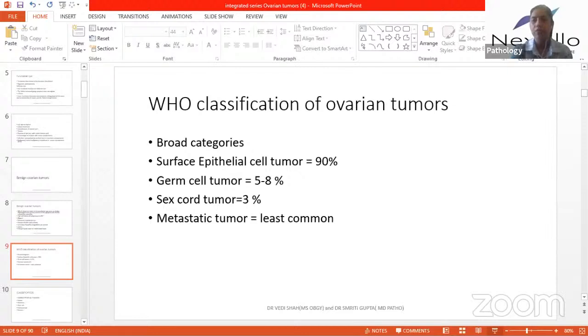You just have to break down the words to understand what these tumors are, and then you'll be able to identify the histopathology or the microscopy of it. Now, if there is a malignant component along with the cystic component, instead of cystadenoma, these will be called cystadenocarcinomas.